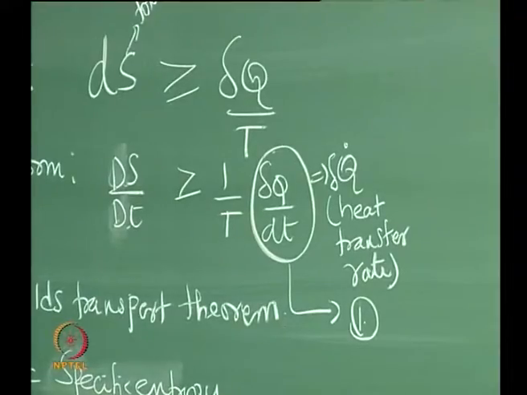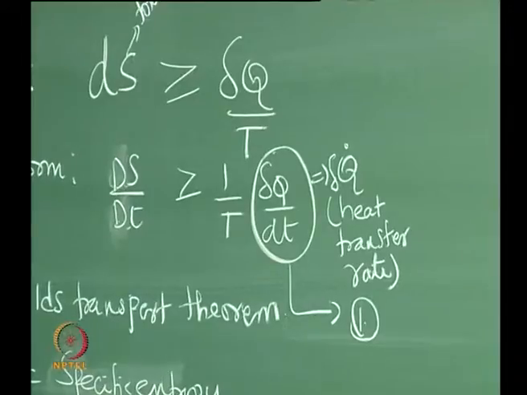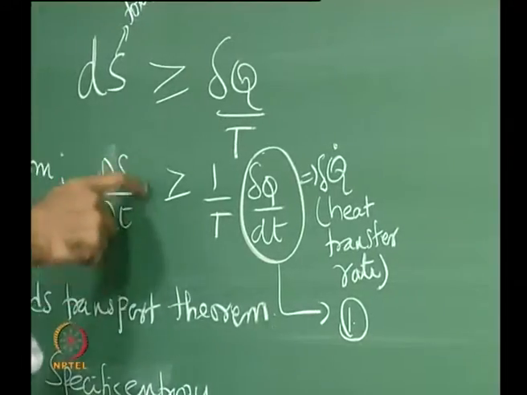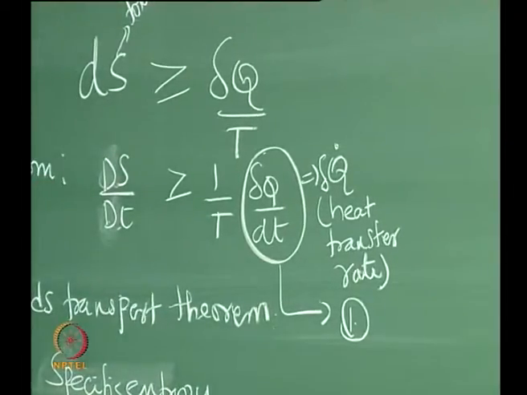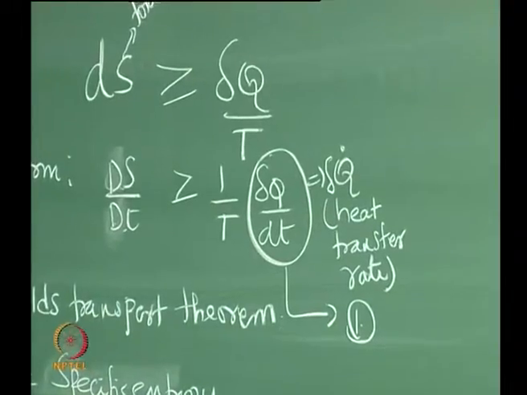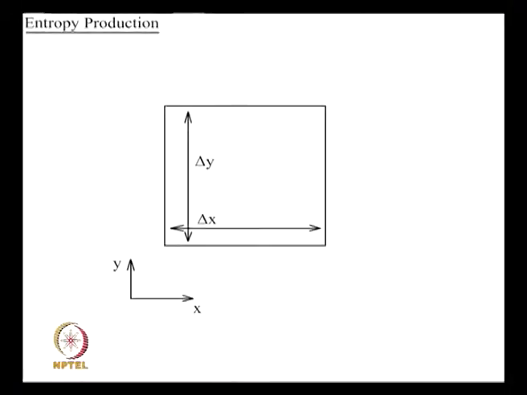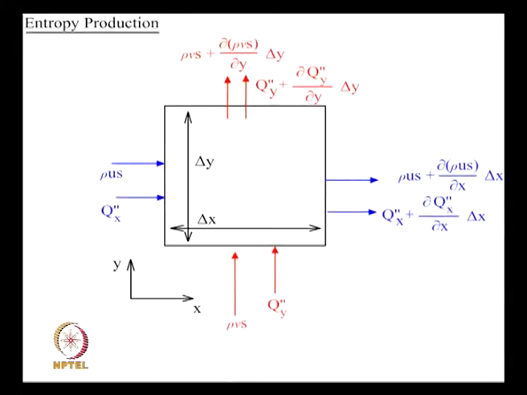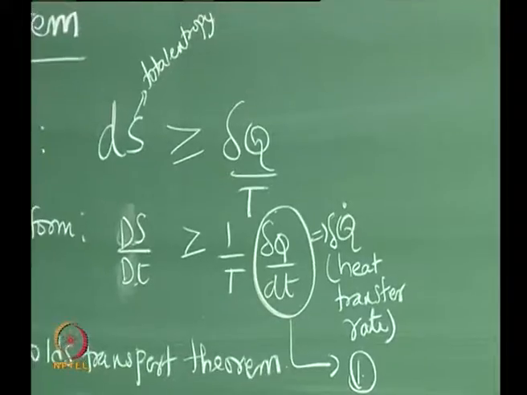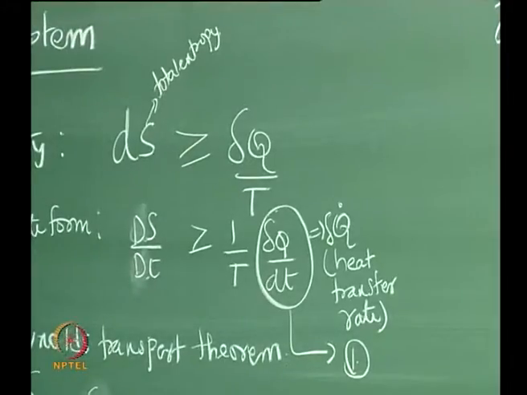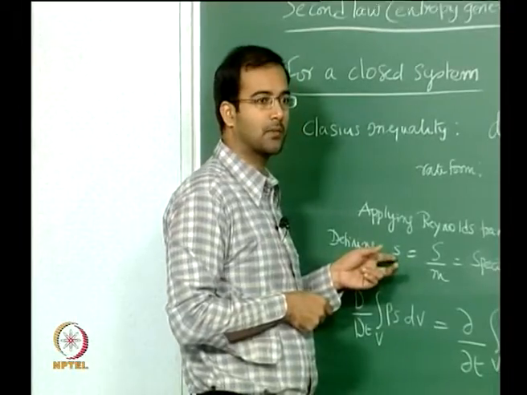Now let us apply the Reynolds transport theorem to express this total derivative for a control mass with respect to the partial derivatives in a control volume. So you can define a property called a specific entropy.